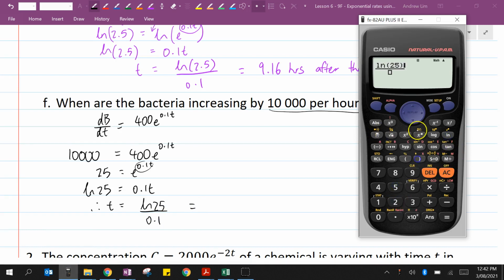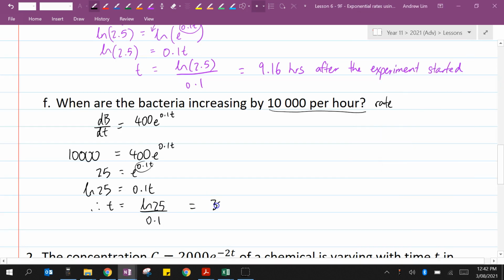ln of 25 over 0.1, which is 32.2. 32.2 hours after the experiment started. So the bacteria is increasing by 10,000 per hour.